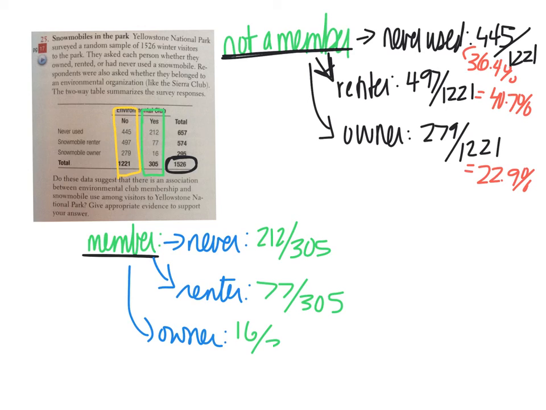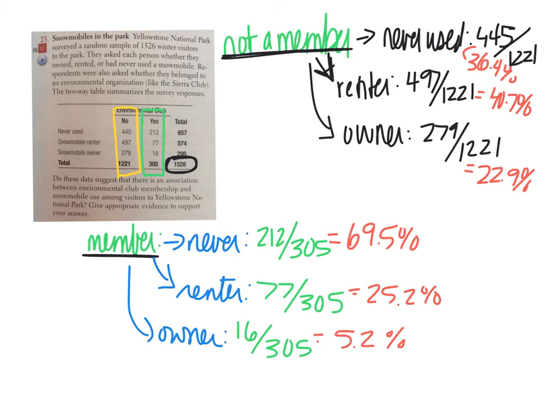And the owners, there are 16. Let's see what these percentages are. It looks like we have 69.5%, 25.2%, and 5.2%.